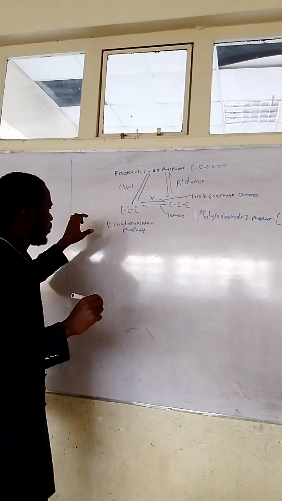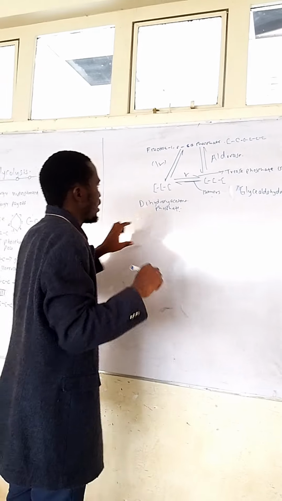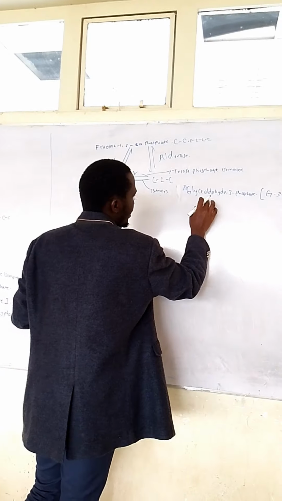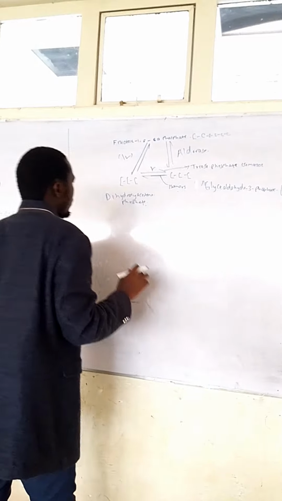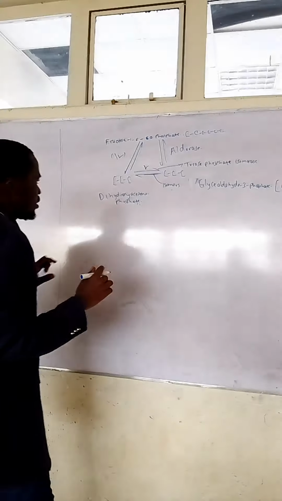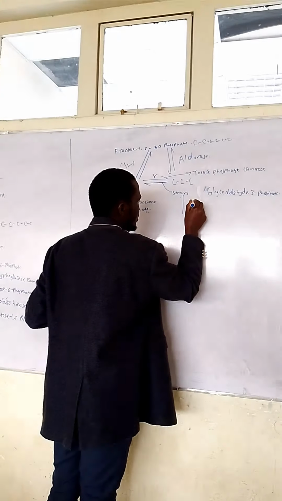So dihydroxyacetone phosphate is converted to glyceraldehyde 3-phosphate. So glyceraldehyde 3-phosphate continues with the process.